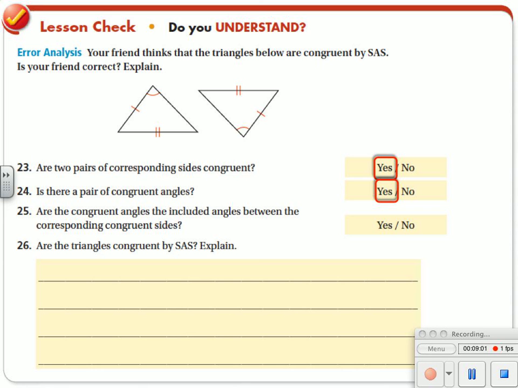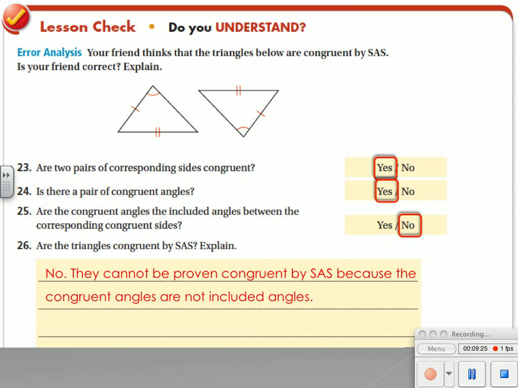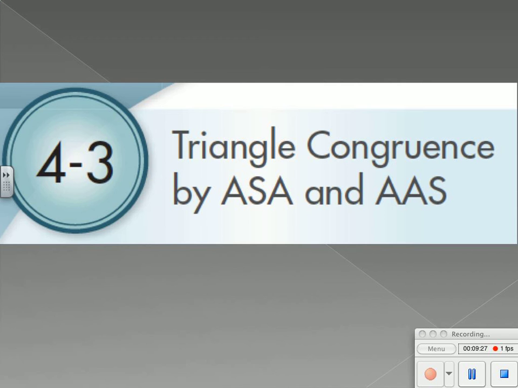Are the congruent angles the included angles between the corresponding congruent sides? The answer is no. So are the triangles congruent by SAS? They cannot be proven congruent by SAS because the congruent angles are not included angles. Perhaps there's another way we can prove them, but we'll have to wait a little bit to see that.